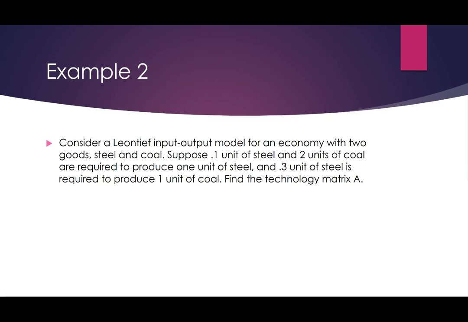This matrix is not that complicated or that tricky to figure out, honestly. I think once you see it, it'll make sense to you. So remember A11, A12, A21, and A22. Let's say 1 is for steel and 2 is for coal. A11 is how much steel to make steel.